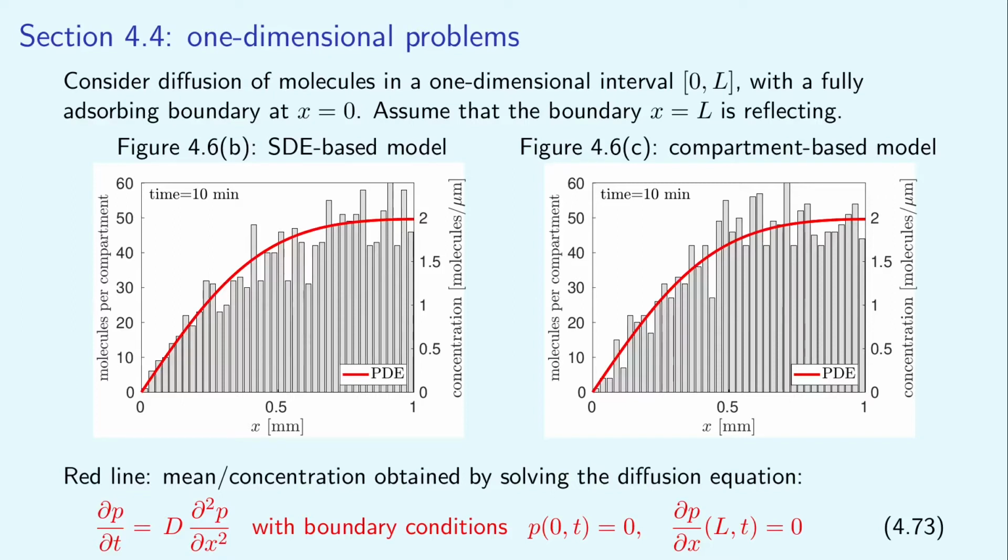To calculate these results, we can reuse most of the computer codes from sections 4.1 and 4.2. We only need to add the implementation of the adsorbing boundary at x equal 0.